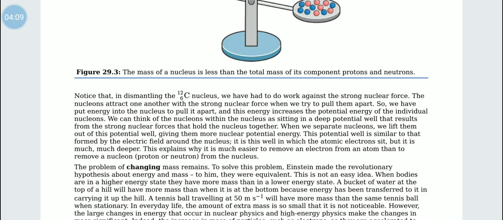When we separate them, we lift them out of the potential well, giving them more nuclear potential energy. This potential well is quite similar to what is formed when the electric field around a nucleus is considered.